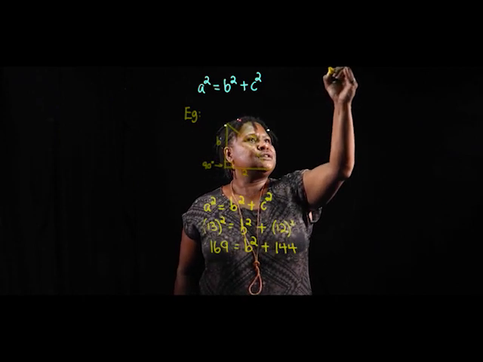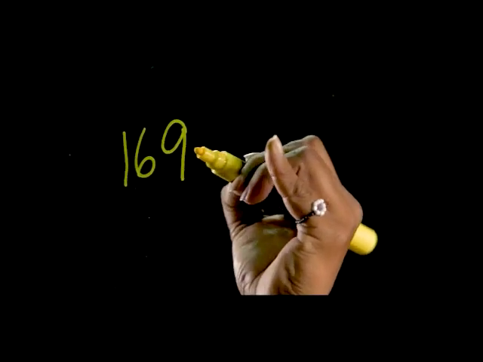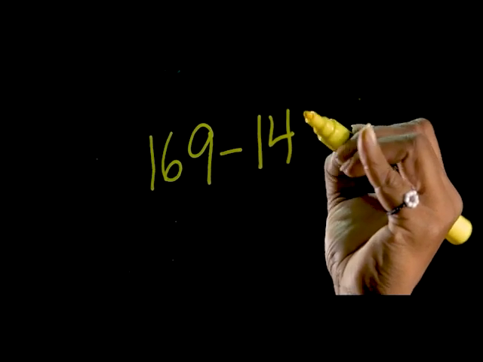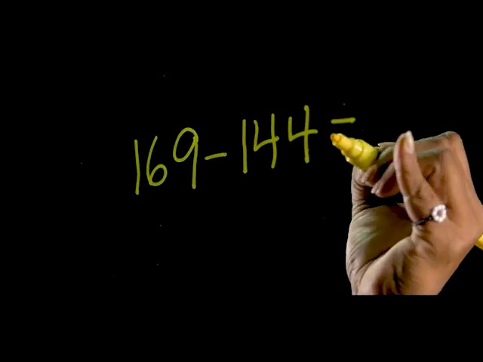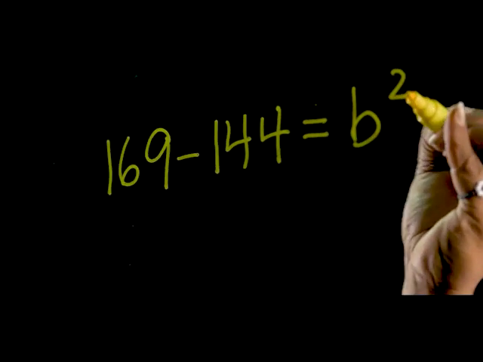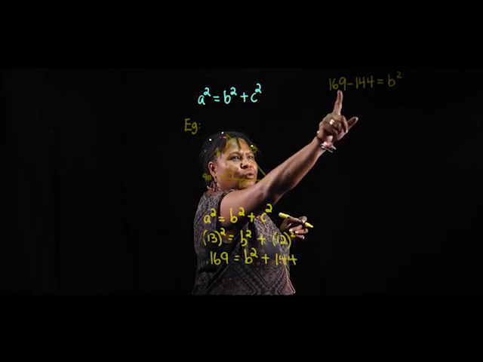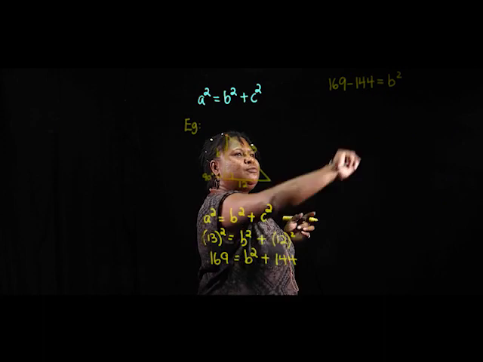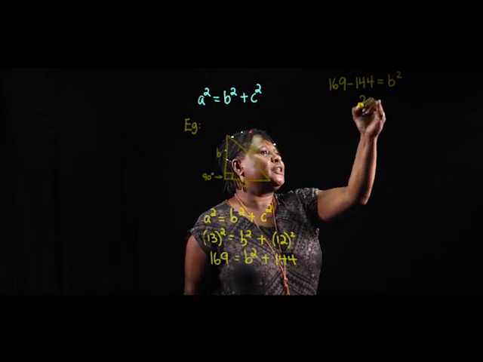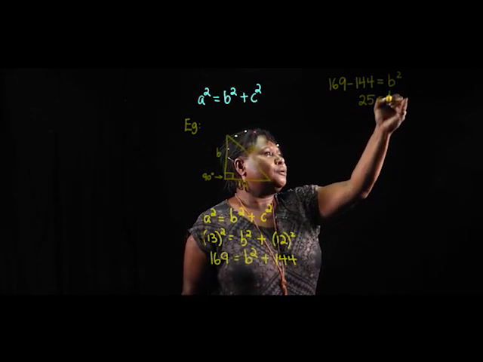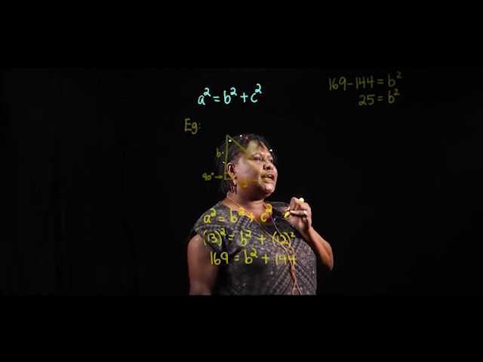So 169 minus 144 will give us the value of b squared. 169 subtract 144 gives us 25, equal to b squared.